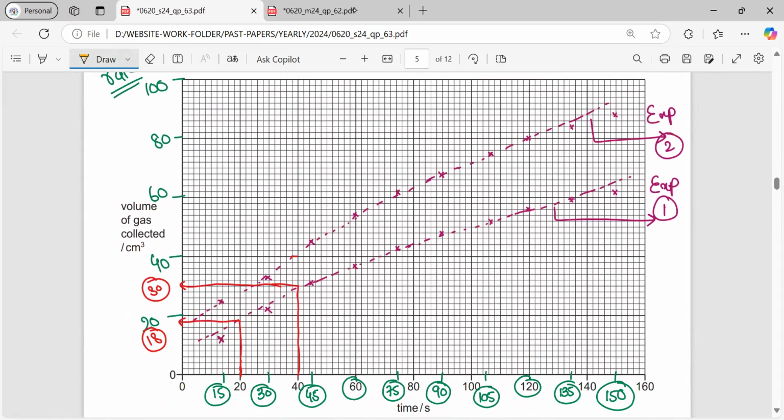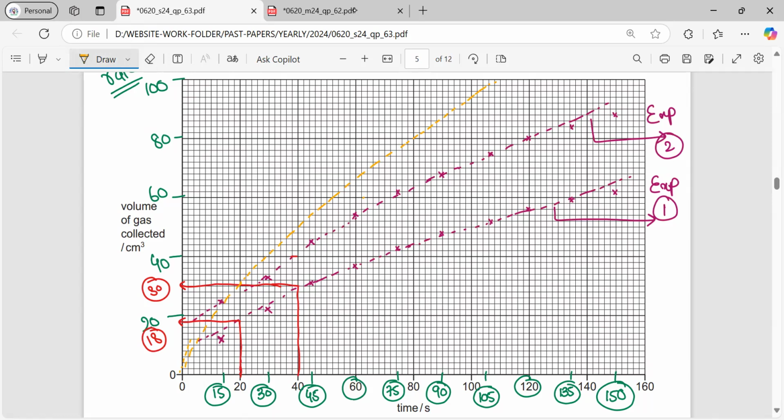It should start from 0 and go above the experiment 2 line, because we are doing it at a higher concentration of ethanoic acid, so the rate will be higher.